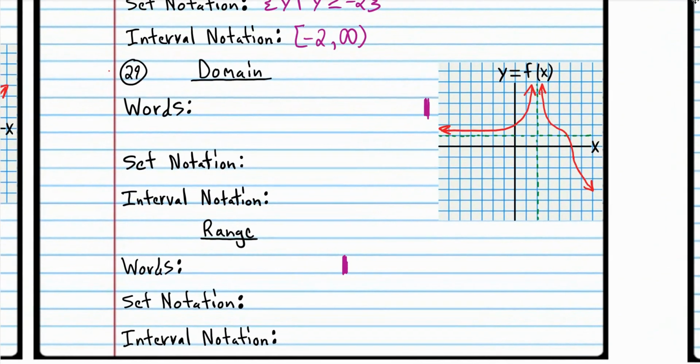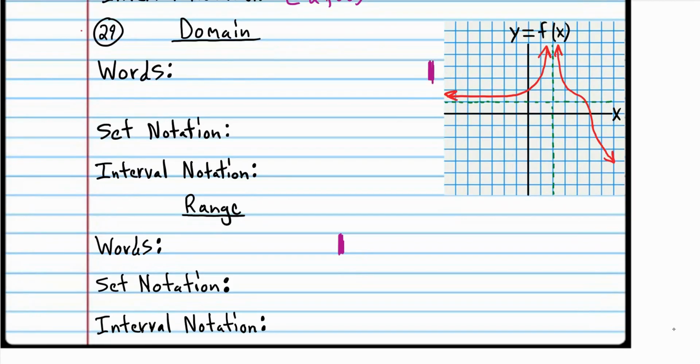All right, so now we have asymptotes. Remember, an asymptote is an invisible line that your graph approaches. And asymptotes are very useful when graphing a function or a relation, but they're also useful when determining the domain and range.